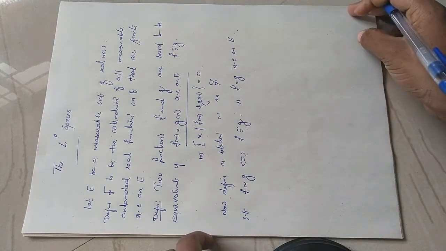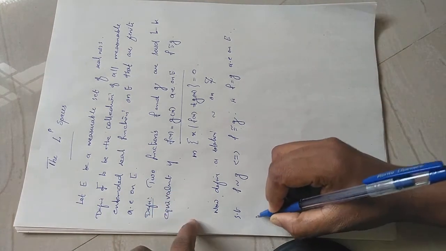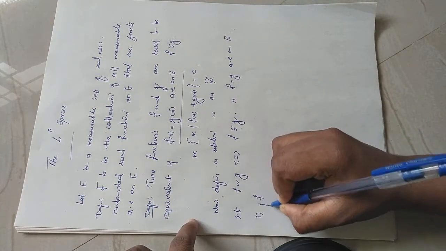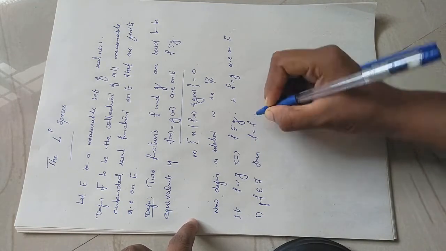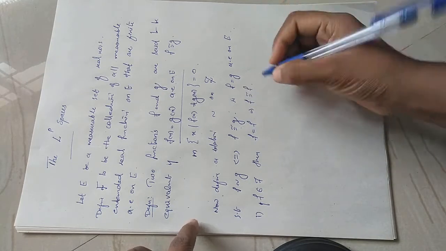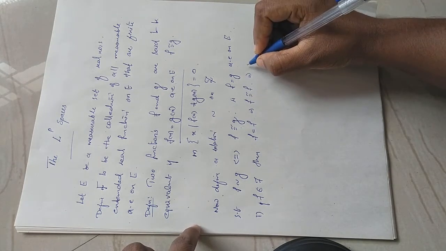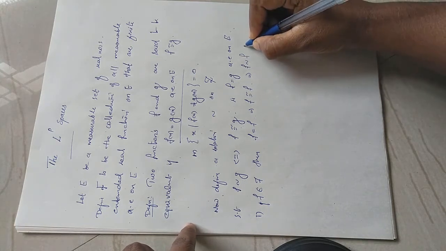Then I can prove that clearly this relation is an equivalence relation, because for every function f in script F, f will always be equal to f. So f will be equivalent to itself. Therefore f is related to f, so the relation is reflexive.